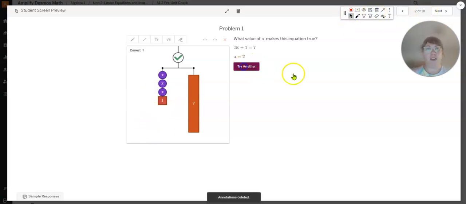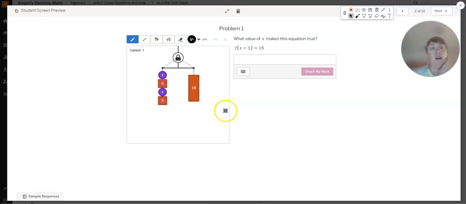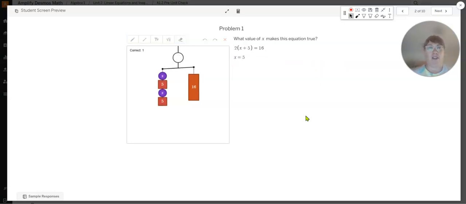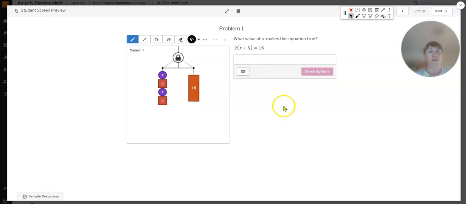Let's try another one. What would make this hanger balanced? Okay, so maybe you want to try 5. Ooh, definitely not balanced. Too big. So we can look at it and say, okay, well, this 5 and this 5 equal 10.